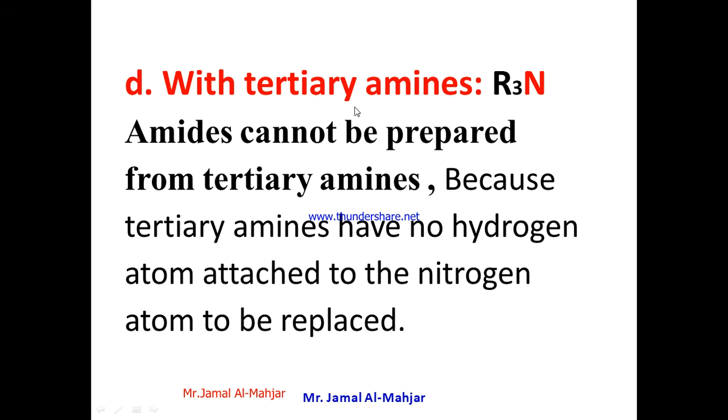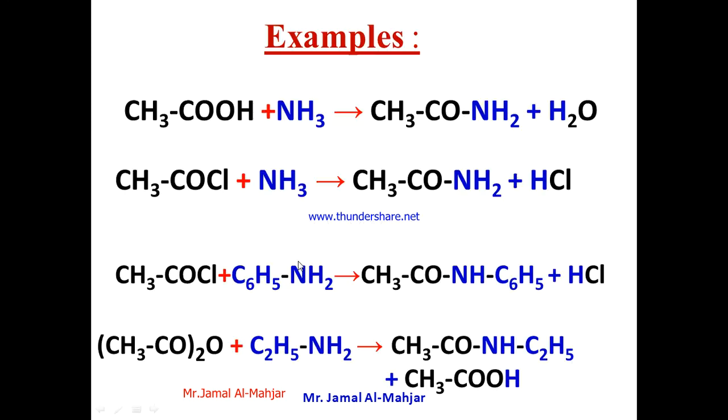In this case, amides can't be prepared from the tertiary amines. Why? Because tertiary amines have no hydrogen atom attached to the nitrogen atom to be replaced. So there is no hydrogen here.